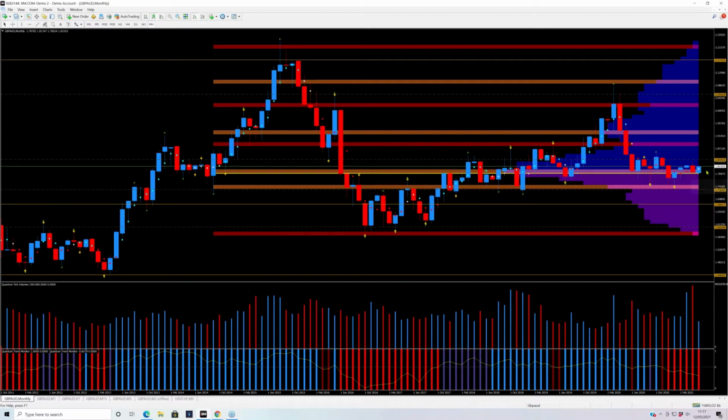The amount of effort that is going into this congestion phase is, I think, phenomenal at the moment. Now, it has gone up slightly today, but for this to go into some kind of decent trend, then this is a patience trade.